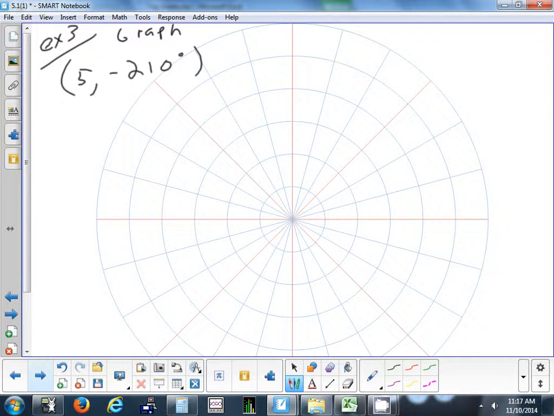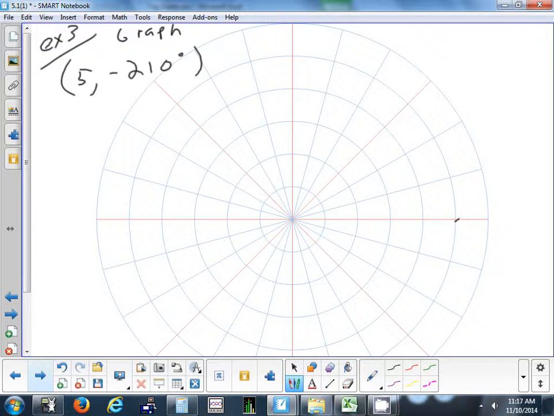All right, so here's another one. 5, negative 210. It's already in degrees, so we don't have to worry about that. Adam, I'm going to start by going 5 units to the right. Okay, now from that point, Sean, we're going to go 210 degrees which way? Clockwise. Okay. Sean, how much is it if I go halfway around? 180?